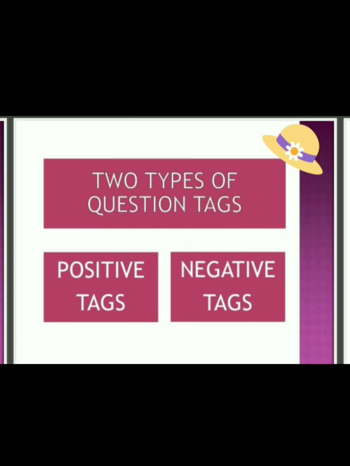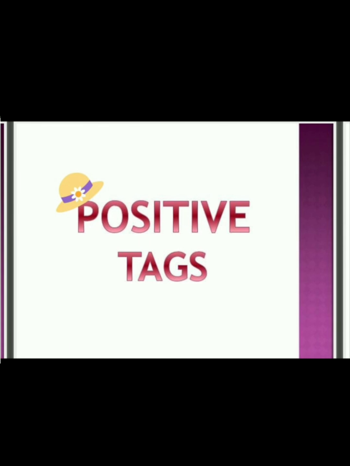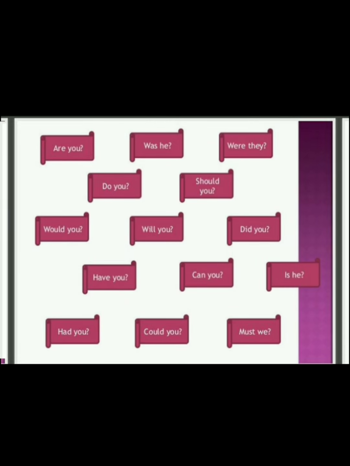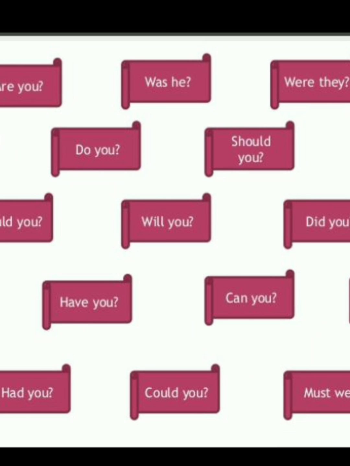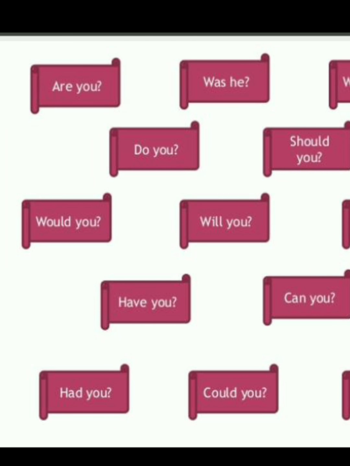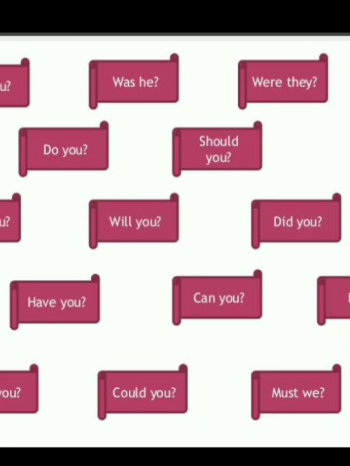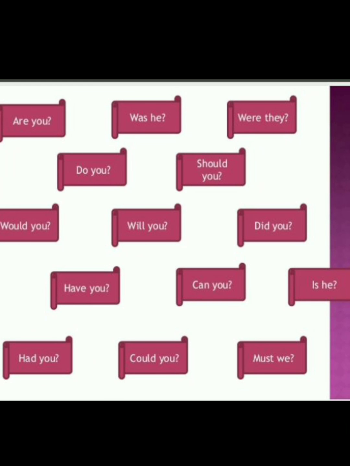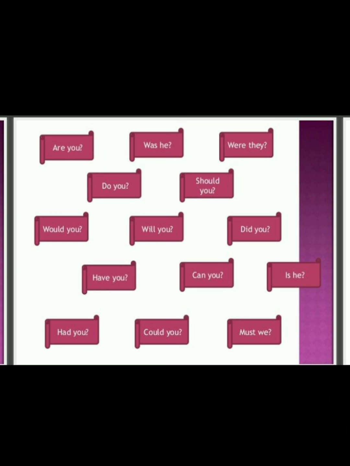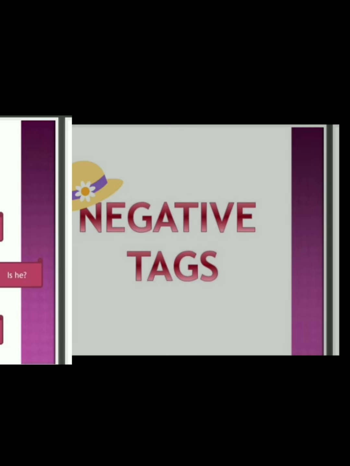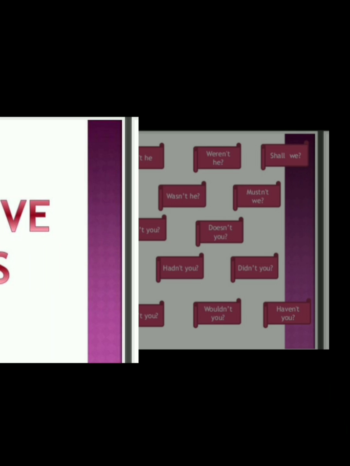There are two types of question tags, positive and negative. What are positive tags? Let's have a look. See, look at these. Are you, was he, do you? So these are all positive. There is no not. Therefore, these are all positive tags.